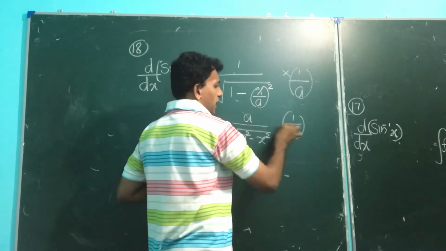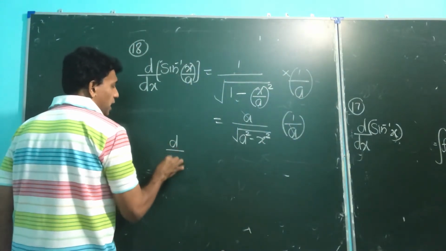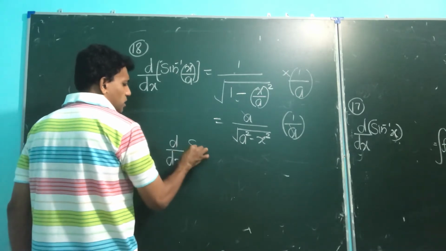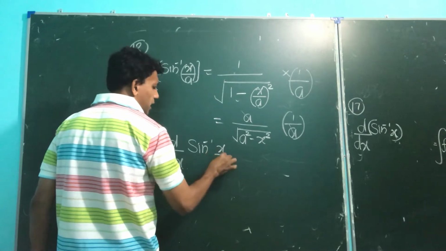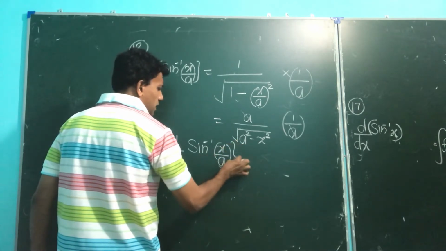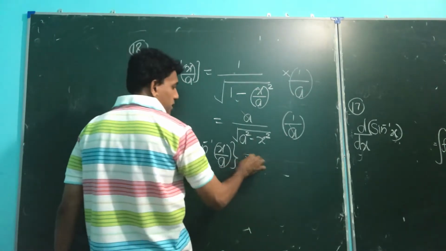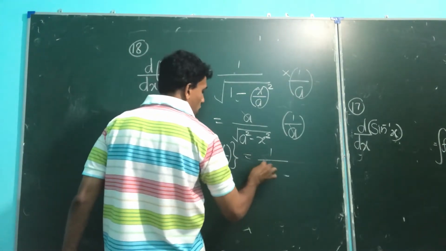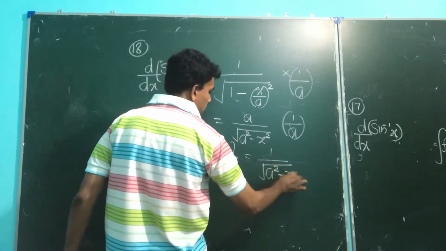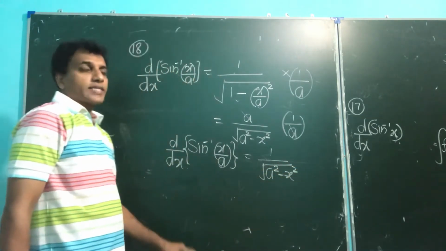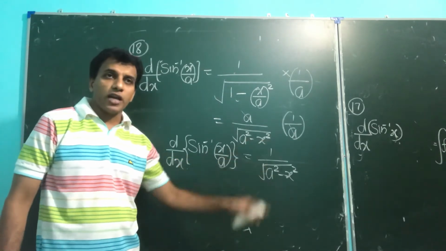See, the a cancels. Therefore d over dx of sine inverse x over a is 1 over square root of a square minus x square. A standard part. The differentiation of this is that. Therefore, tell the integral part.